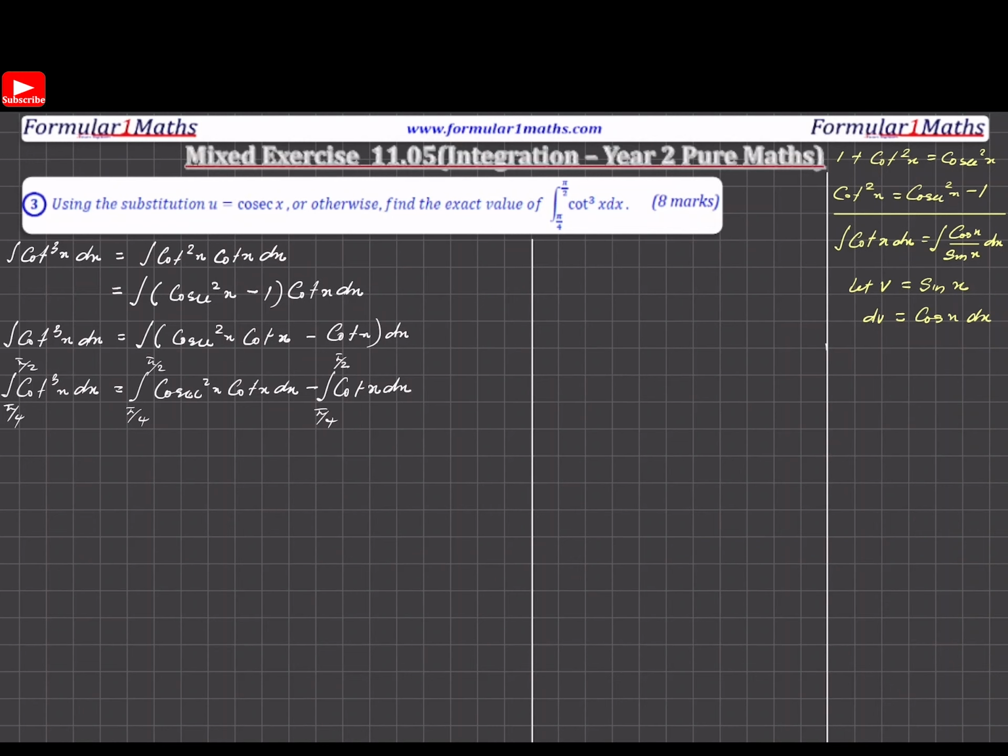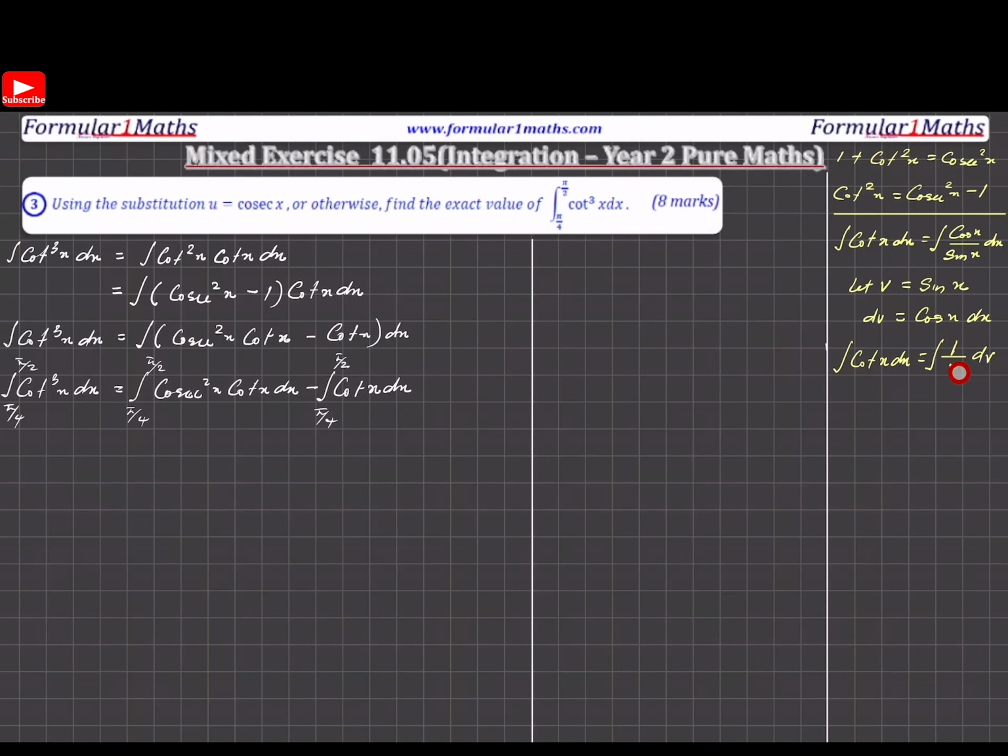So now, the integral of cot x dx becomes the integral of 1 over v dv. Because cos x dx can be replaced by dv, and obviously sin x will be replaced by v.